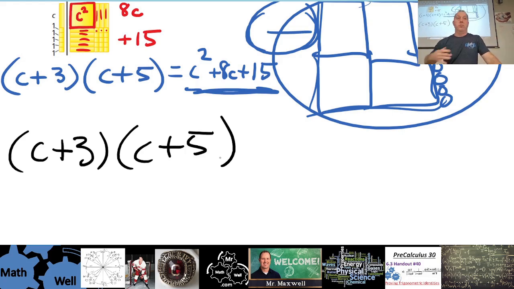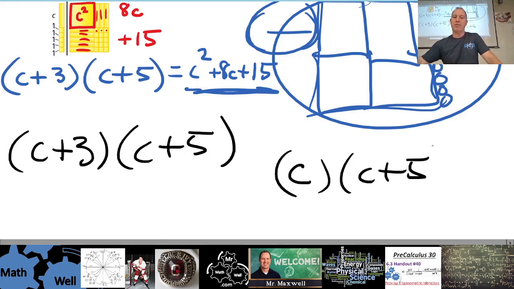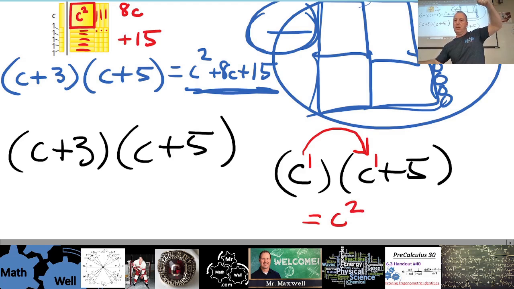Okay. So I'm going to teach this to you now, the FOIL method. But I'm going to back up for 1 second. So let's say I want to do c alone times c plus 5. Okay, well, that's not too bad. What you do is you take the c and you distribute, multiply. So c times the first c gives us c squared, right? c times c gives us c squared. You remember that from grade 9? All right.